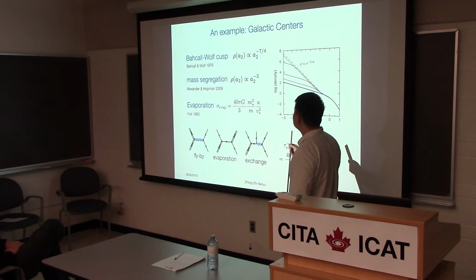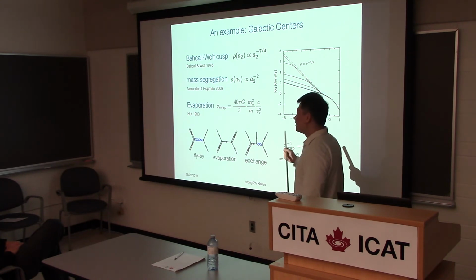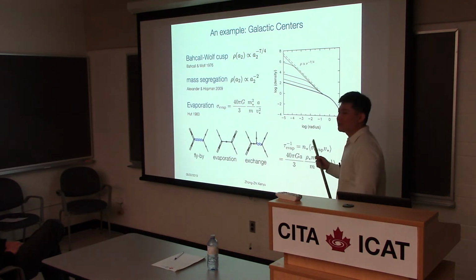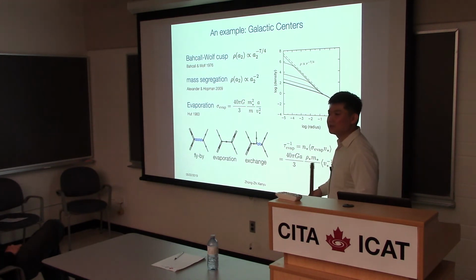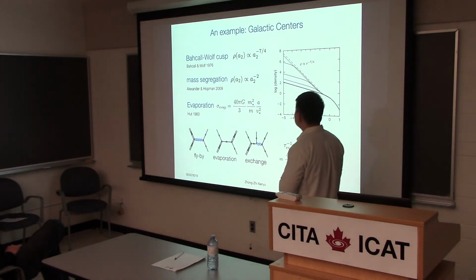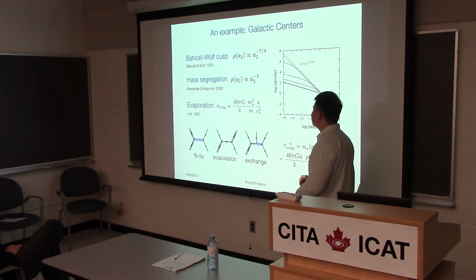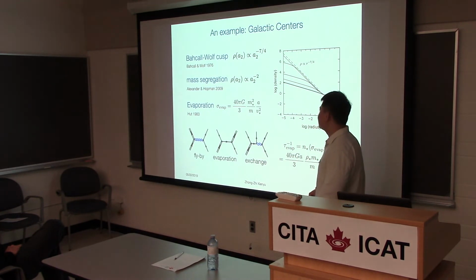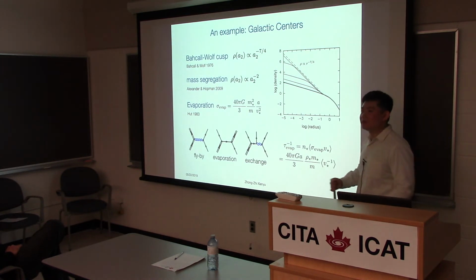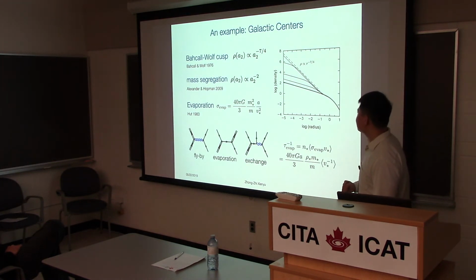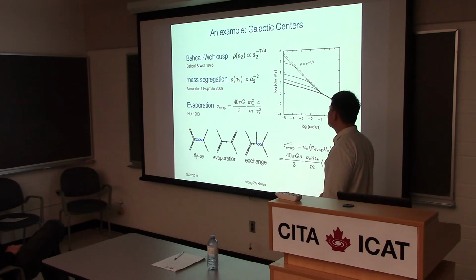People know theoretically that stars in the center of a galaxy will form a cuspy distribution if the galaxy is fully relaxed. But to my best knowledge, this cuspy distribution has never been observed directly, and people tend to see a more core-like distribution. We don't know why. Maybe just because the galaxy is not fully relaxed or some other reasons.